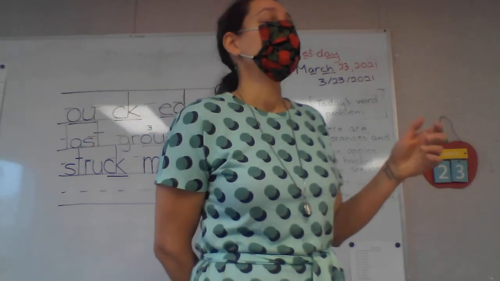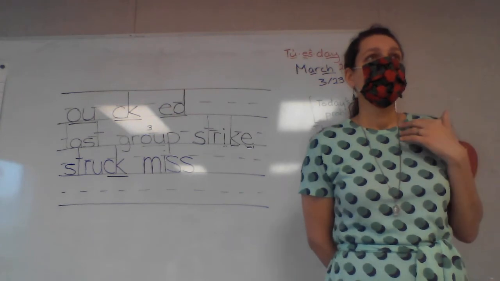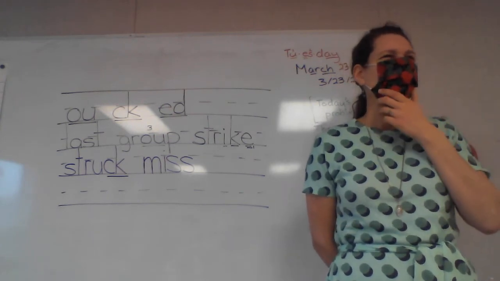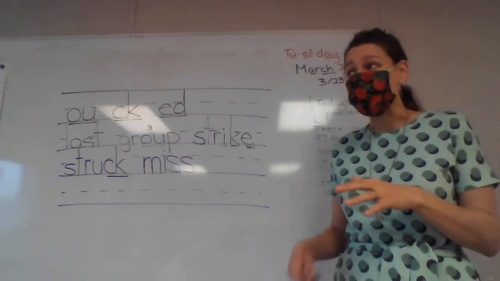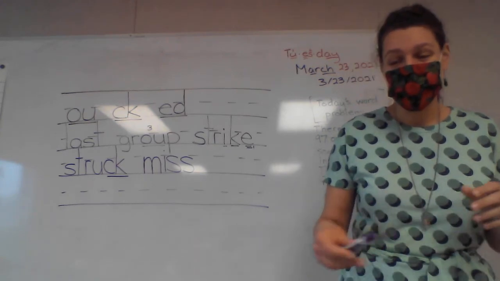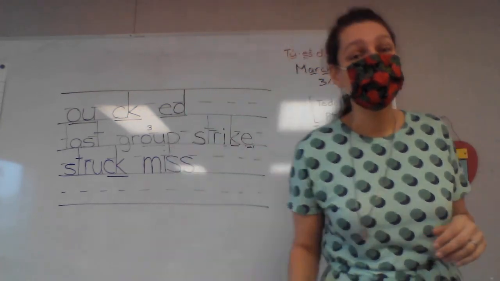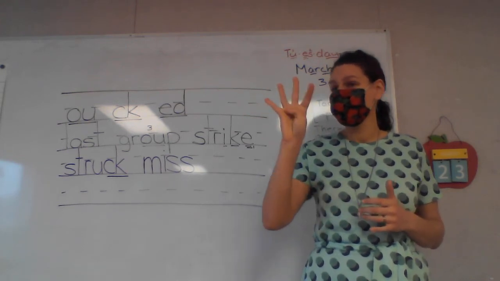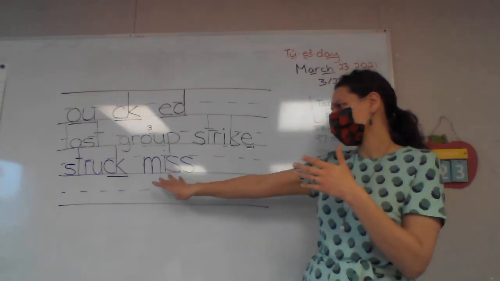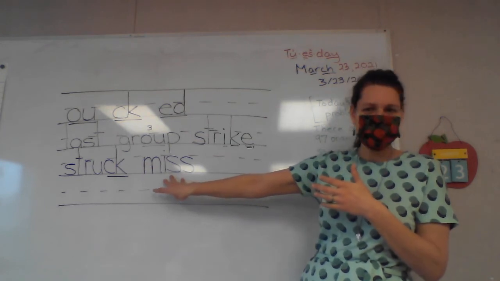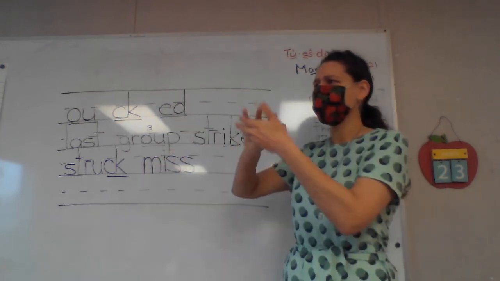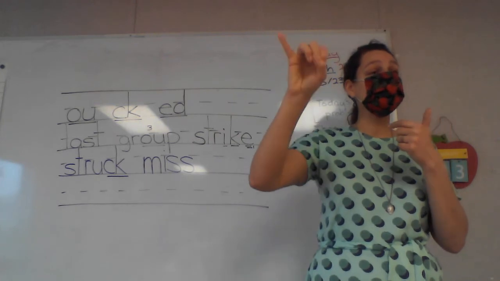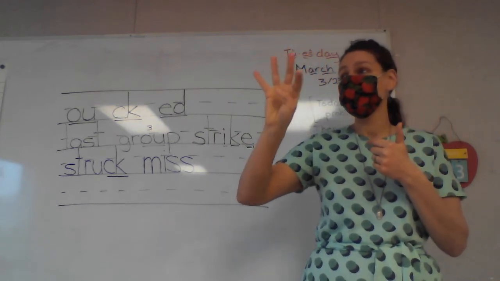Our next word is the past tense, but miss is a regular verb, so it's just missed. Last week when I wasn't home, I missed my bunnies. Missed. All right, class, what sounds do you hear in the word missed? So sorry, our base word is miss. So we're going to write everything we have in miss. Miss.